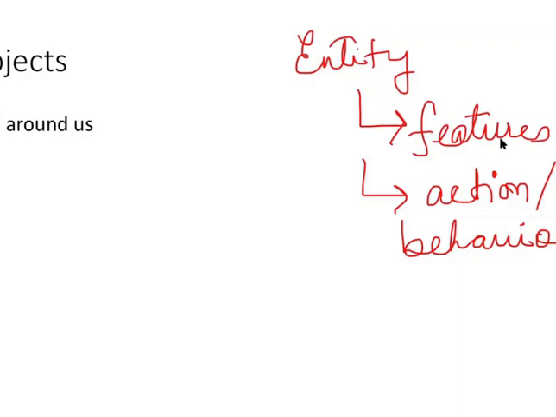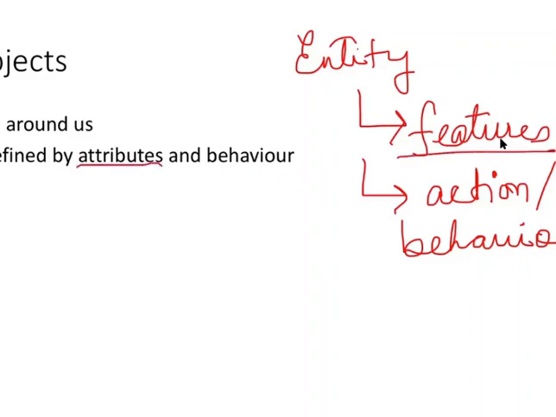That is why object-oriented programming is more natural, because we look at the world as a collection of objects. As I have mentioned, objects are defined by attributes. When I say attributes, I mean the features. So attributes and behavior.